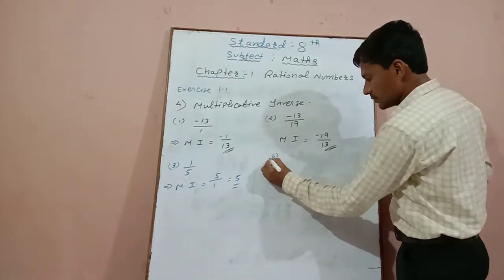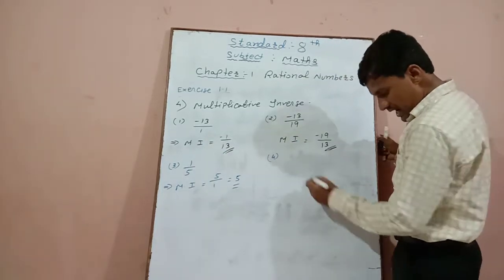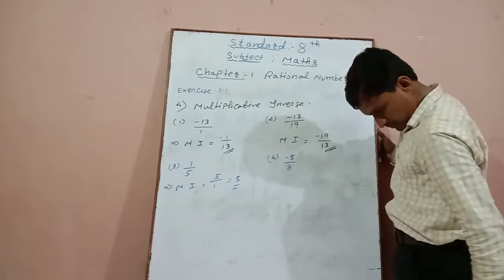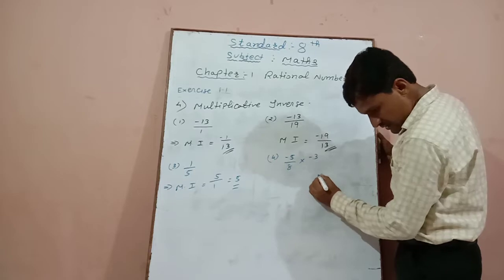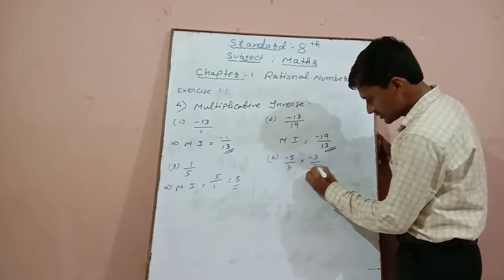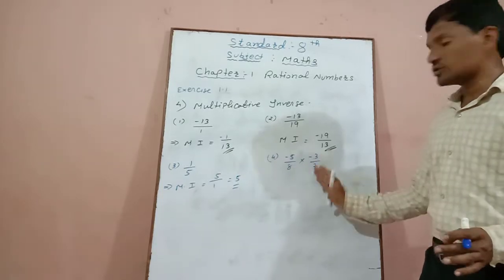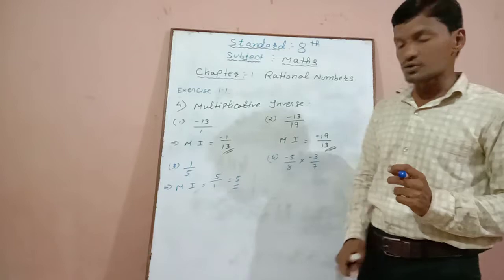Now question number 4. Minus 5 divided by 8 into minus 3 divided by 7. So this is the question. Now we can change both of them, but first of all we will multiply as per multiplication rules.